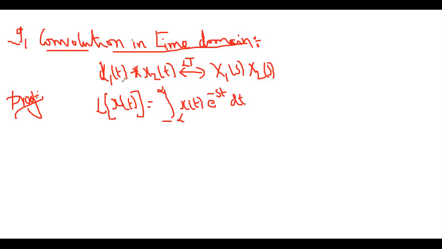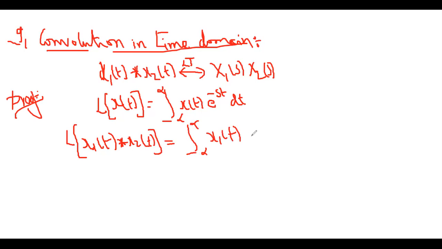What is x of t? I am using the Laplace transformation of x1 of t convolved with x2 of t, which is equal to the integral from minus infinity to infinity of x1 of t convolved with x2 of t, e power minus st dt.